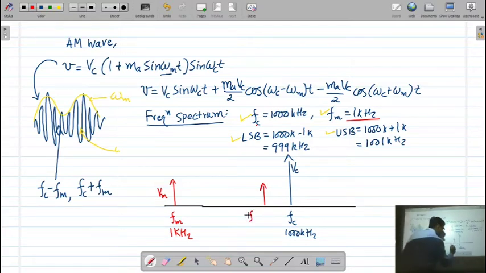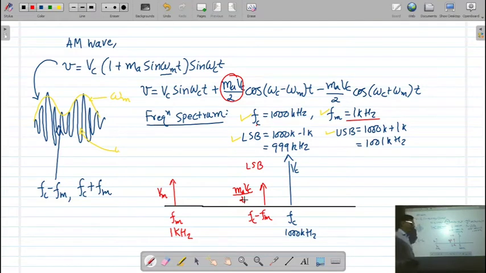So this is Fc minus Fm, and this is the LSB. Remember. What is the amplitude of the lower sideband frequency? That already we know. It is Ma Vc by 2. So this amplitude we can write Ma Vc by 2. Then another frequency is the USB, which is higher than the carrier frequency. So the position of the USB will be here.